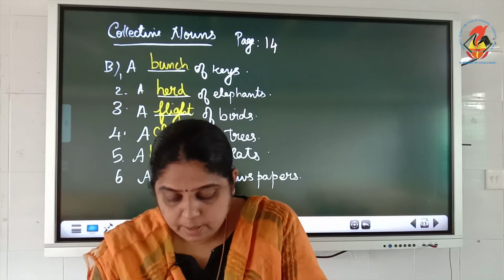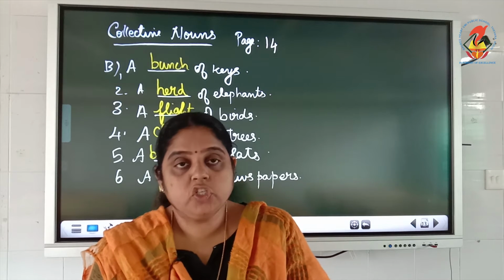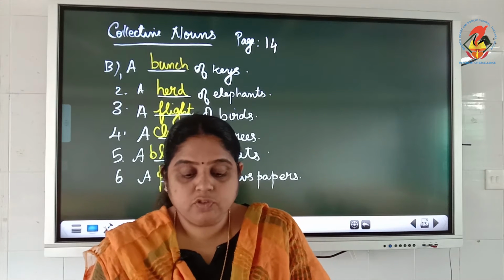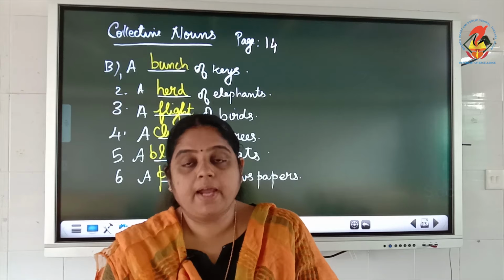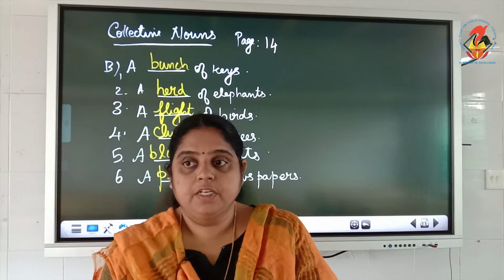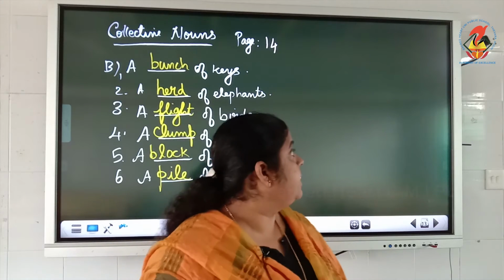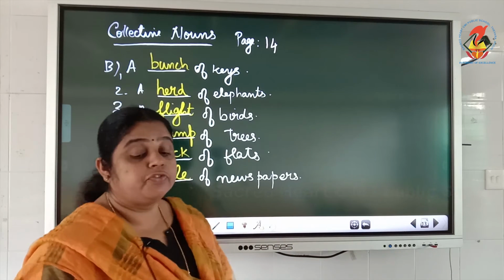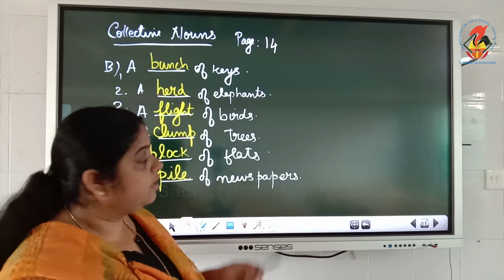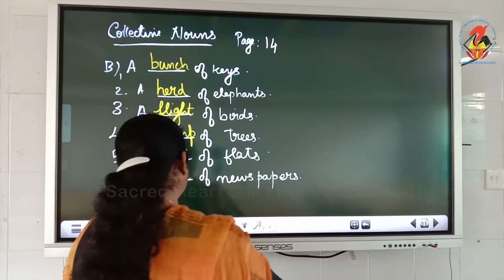Now in page number 15, we have to color the pictures and write the collective nouns. So shall we start with that? The first one is a dash of keys. This is page number 15, okay?